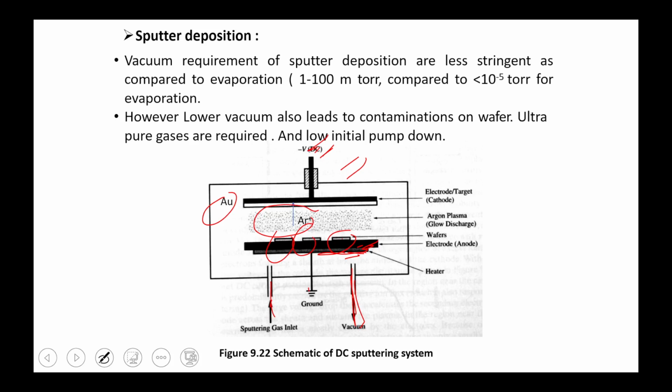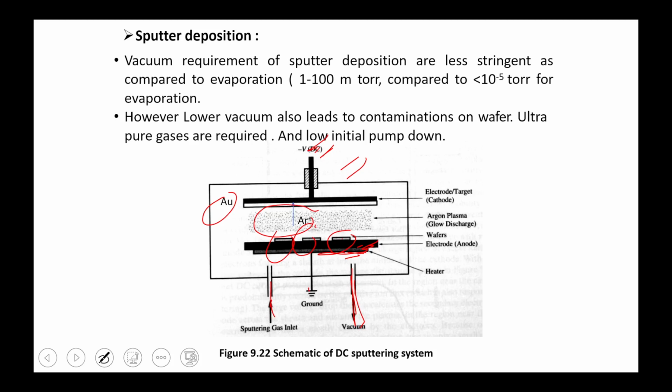We provide some current, like 10 ampere, 20 ampere, 30 ampere, and then the argon will be there. It will create a plasma in the case of DC, with the negative electrons. Argon is positive, and when we apply negative, some plasma will be generated, with some yellow light or like that. Purple or pink light plasma will be generated.